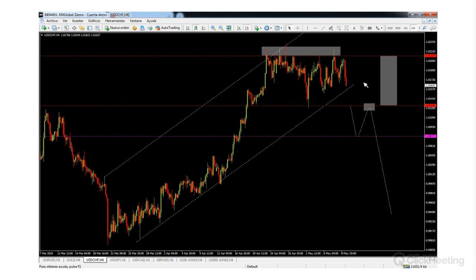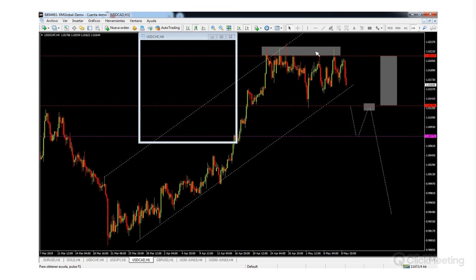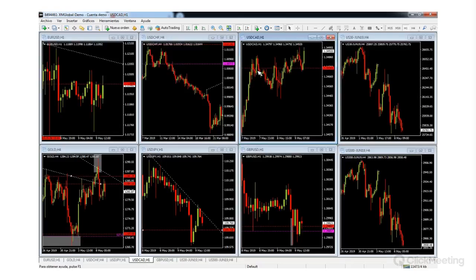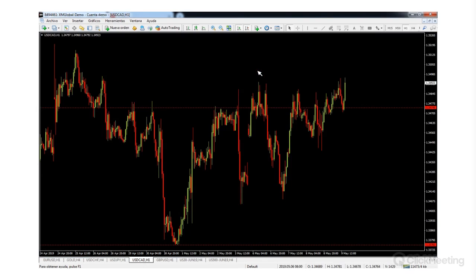The stop loss might be tricky because we don't have levels around this level right here, but this level has been broken in the past. Again, I'm not going to give you the actual signal, but this is the level I would be looking at for a sell opportunity.